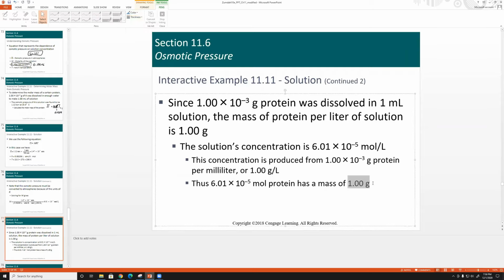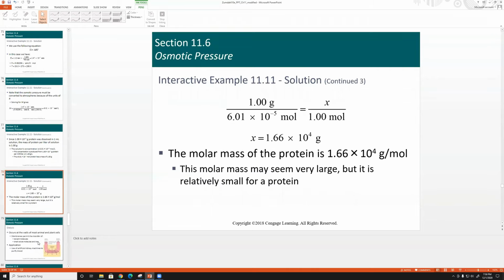We divide 1 by 6.01 times 10 to the -5th. Does that make sense? Are there any questions on how I did that, or why I did that? No? All right, so you divide those, and then you get your molar mass, which is 1.6 times 10 to the 4th.